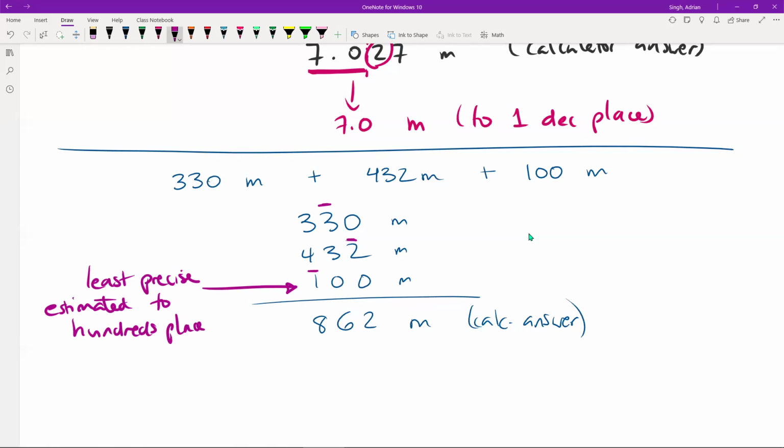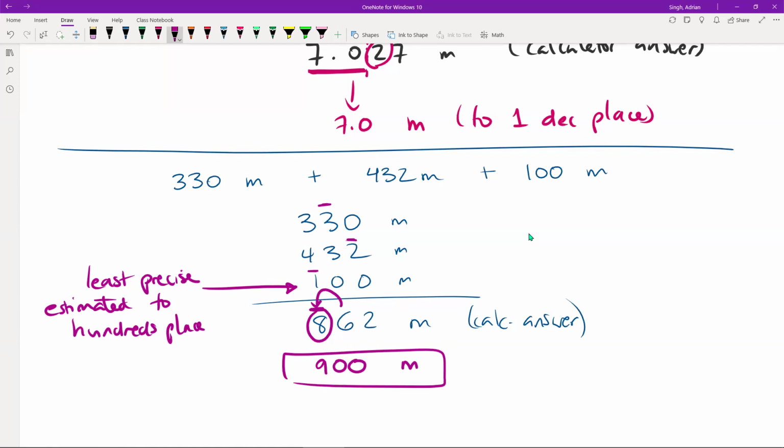Which means my final answer, I can also only estimate to the hundreds place. So even though there isn't a decimal place, based on the precision, this is the place at which I need to estimate my final answer. So look at the next digit, 5 or above, I'm going to round this up. So this becomes 9. I replace the remaining digits with 0. So this becomes 900 meters as my rounded answer, according to the rules for sig figs.